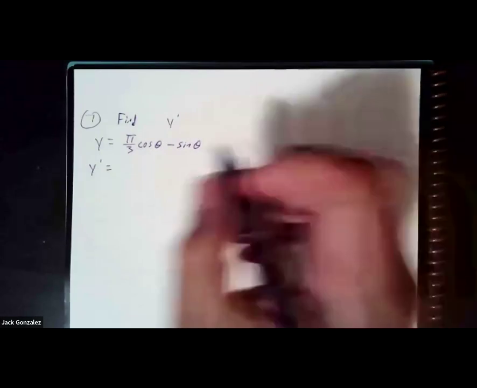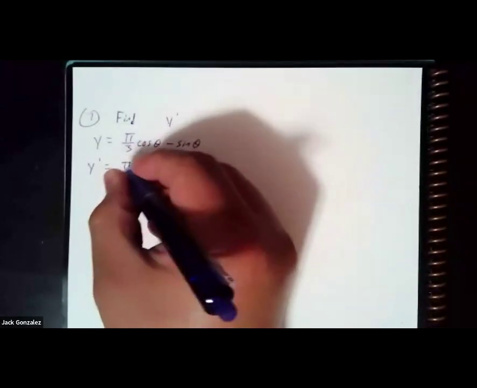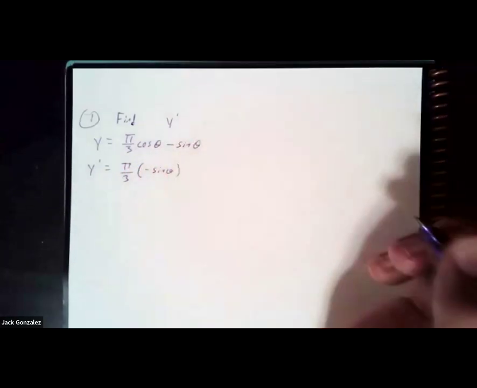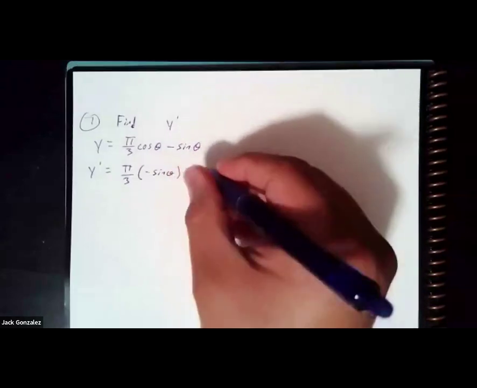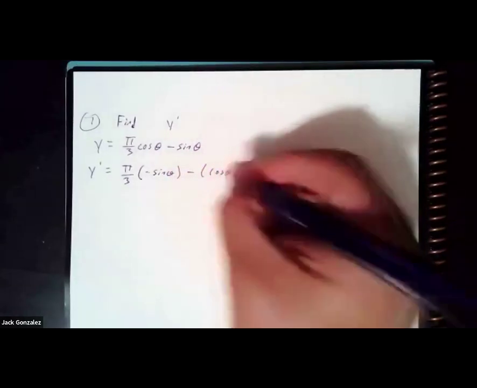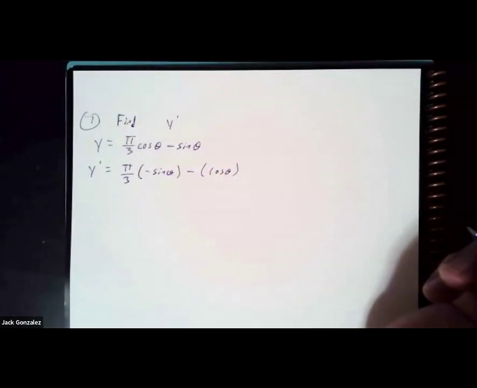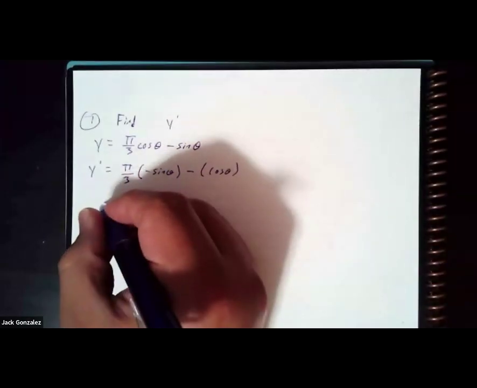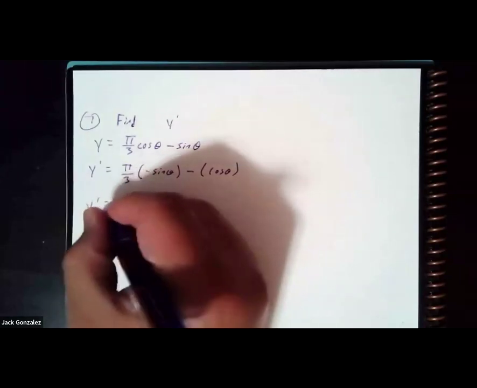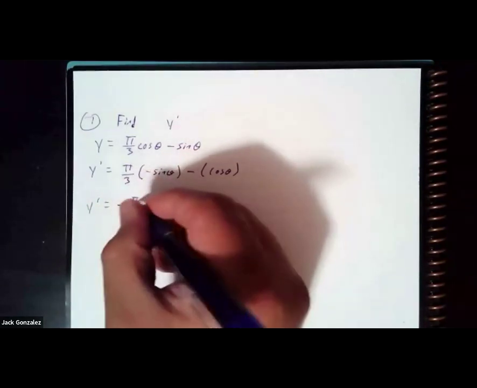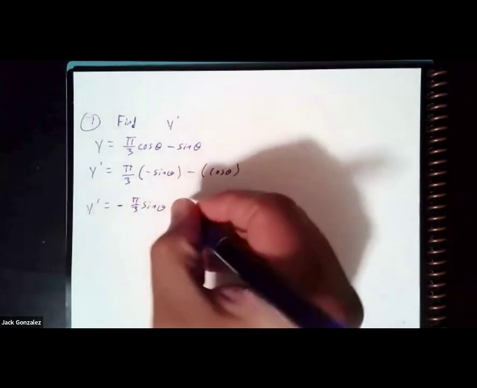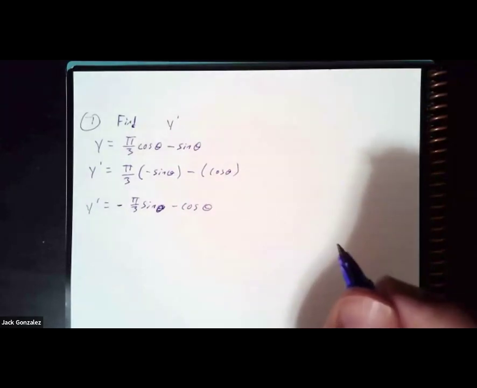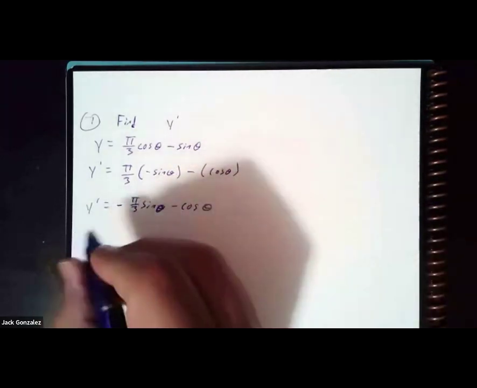So in the formula, we said the derivative of cosine is going to be negative sine, right? Derivative of sine is going to be cosine according to the formulas. So just simplify this and you're done. Pi times that is negative pi/3 minus cosine. That's it. Using your formulas, we're done. Are there any questions on number 7?